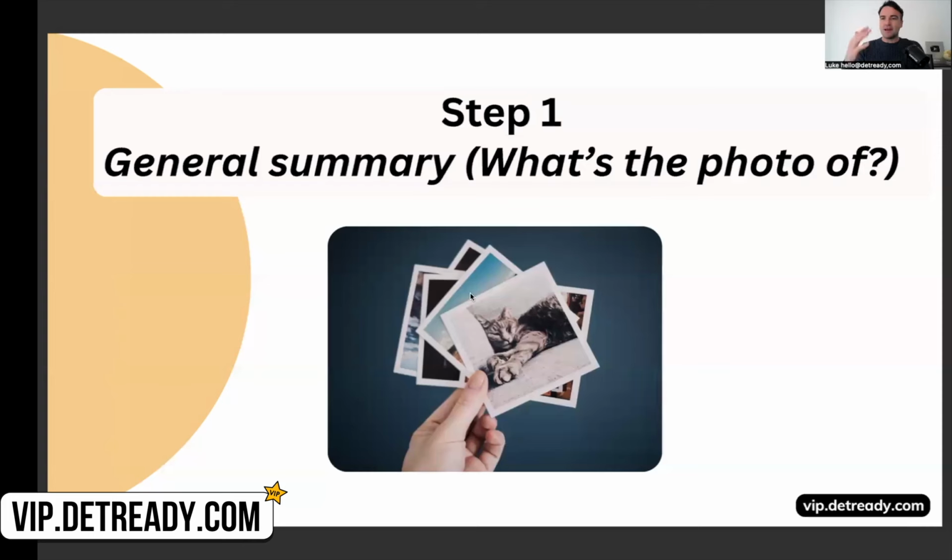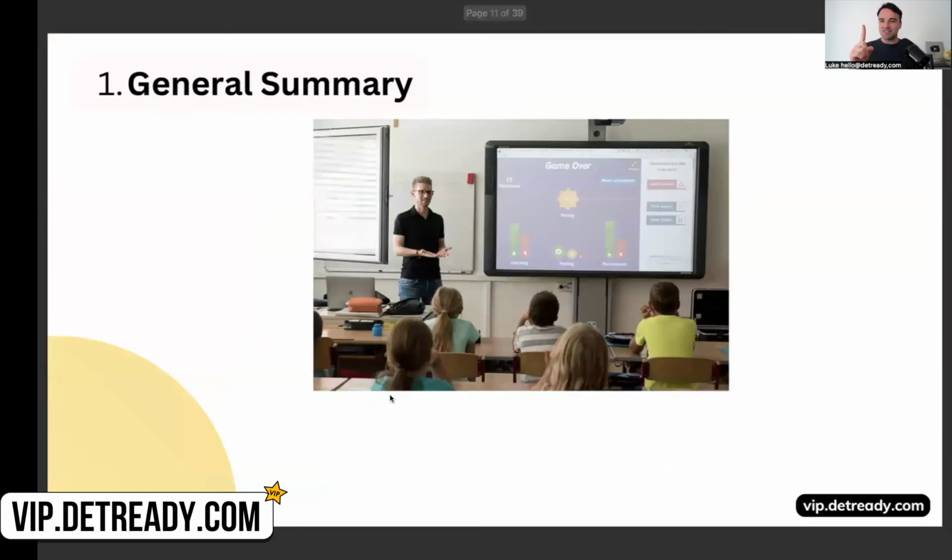All right, so step 1. The first sentence, you should give a general summary. Just very quickly, in one sentence, describe what's the photo of in general. Not many details here. And we do this because you can get that one sentence done quickly, probably in 10 to 15 seconds, and then you've completed the minimum requirement.